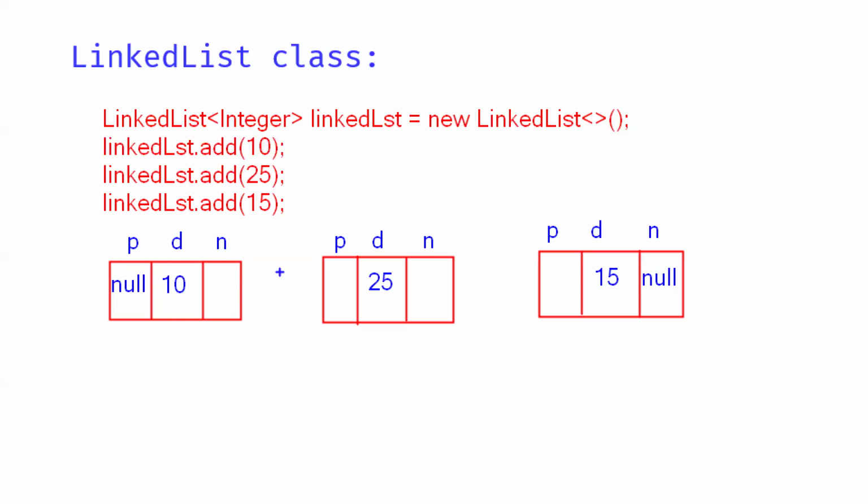It points to the next element, 25, right? What about its previous? The second element's previous points to the previous element. This is called a double linked list. I repeat once again, guys. This is called what? Double linked list.